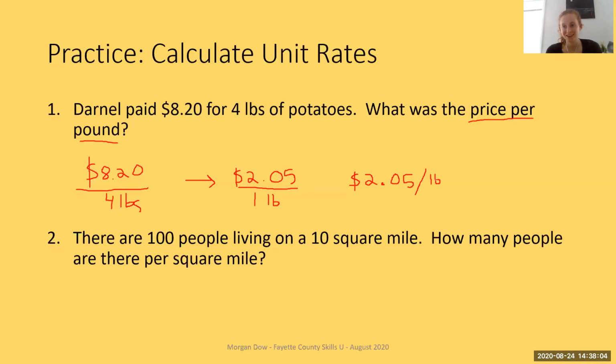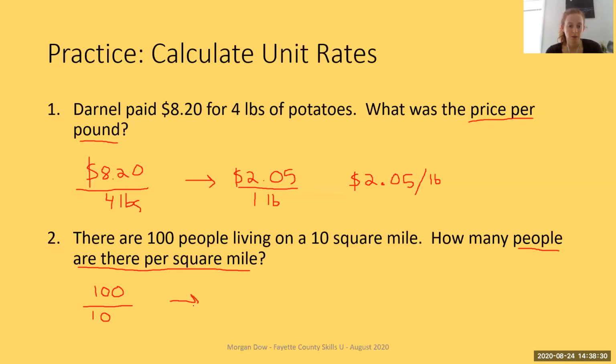All right, number 2, there are 100 people living on a 10 square mile piece of land. I forgot to type that in earlier, a 10 square mile piece of land. How many people are there per square mile? So I want people, right? I'm going to start with 100 people divided by 10 square miles.